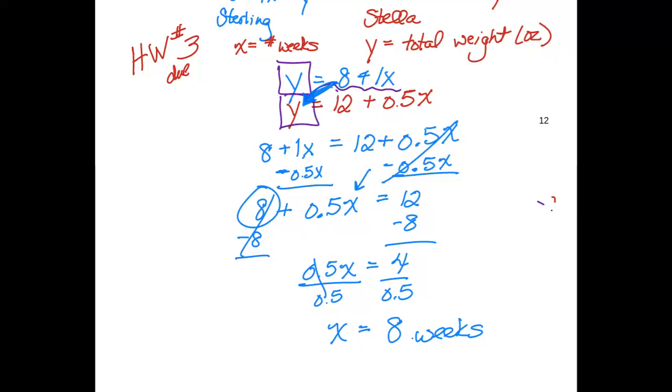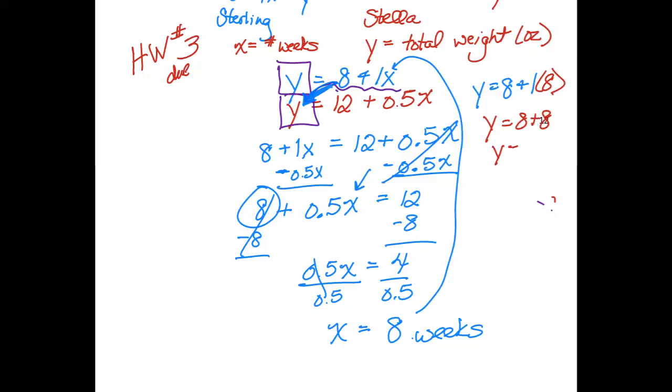All right, now I need to substitute that in for either one. I'm not going to put it in with the one with the decimal, so I'm just going to substitute it back into the first one and say y is equal to 8 plus 1 times 8. So y is equal to 8 plus 8, which is 16.